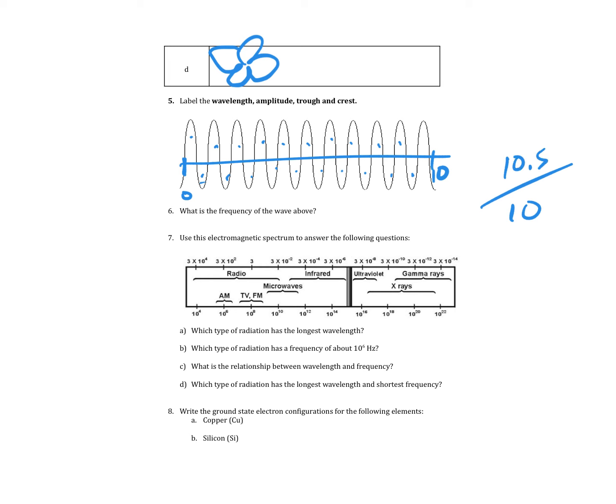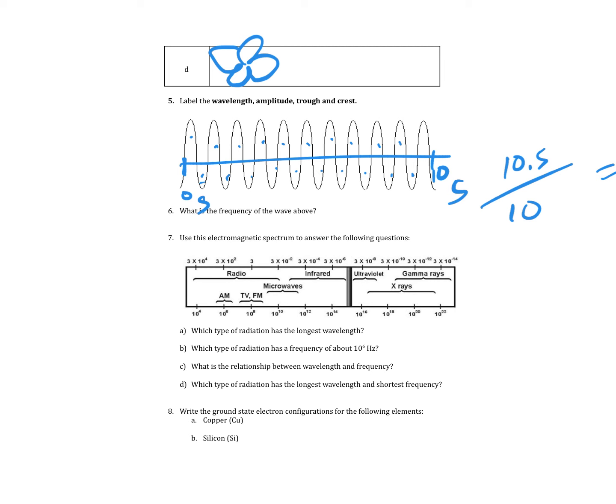So this has a frequency of just a little bit over 1. If I were doing it on a calculator, this has a frequency of about 1.05. Or if I just use my common sense and move the decimal over by 1, since you're dividing by 10, waves per second. So this is 0 seconds and this is 10 seconds.